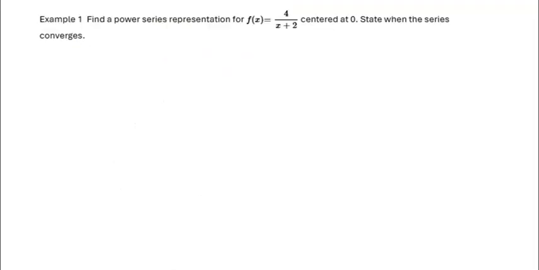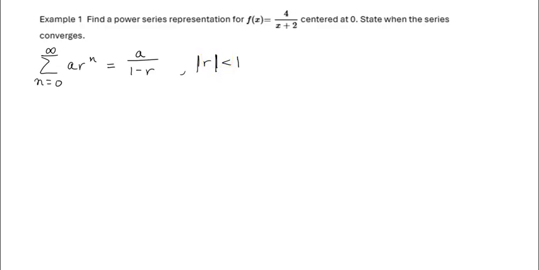In our first example, we're given a rational function, f of x is equal to 4 divided by x plus 2, and we want to find a power series representation centered at 0, and we also want to know when that power series converges. I like to start off with the simple fact that we know that the sum from n equal to 0 to infinity of a r to the n, a geometric sum, converges to a over 1 minus r, given that the absolute value of r is less than 1.